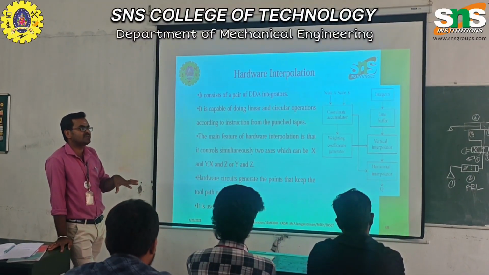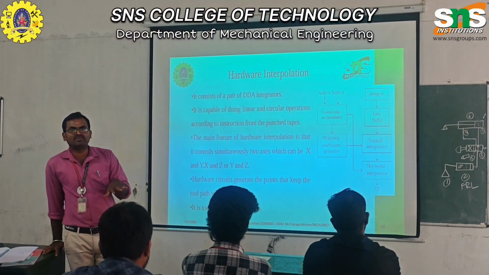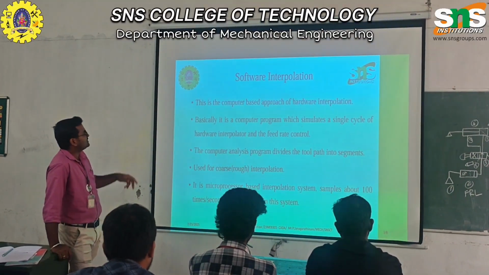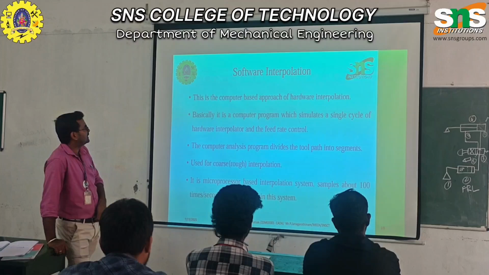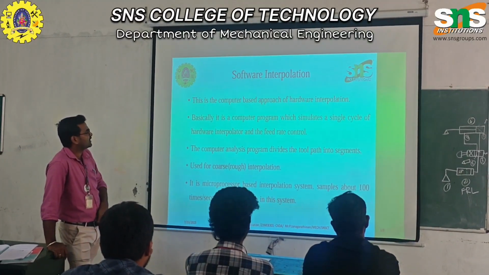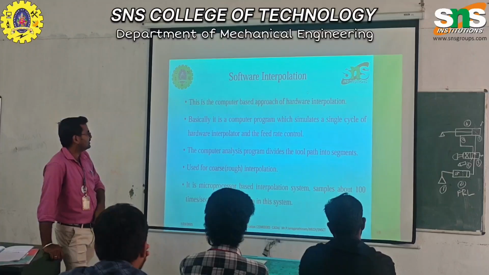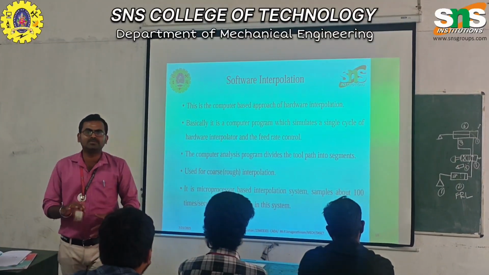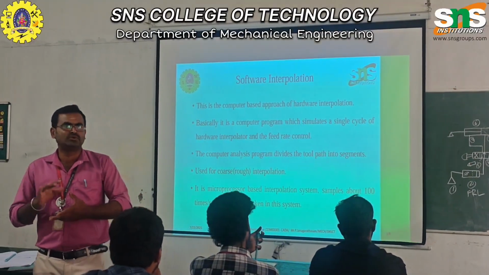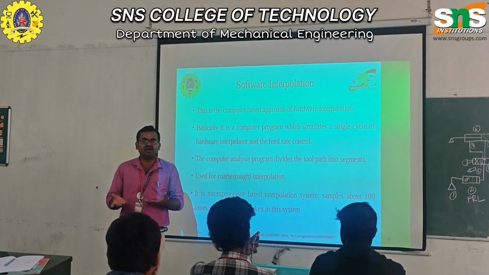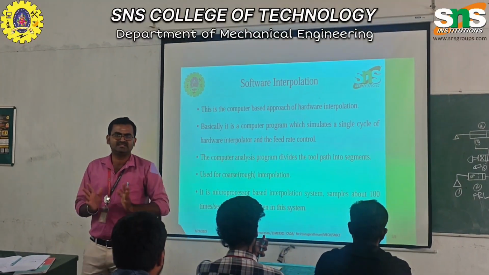Next, we have to discuss software interpolation. Software interpolation is a computer-based approach to hardware interpolation. Basically, it is a computer program which simulates a single cycle of the hardware interpolator and feed-rate control, which means we have to develop the part program by using G code and M code, and we have to use additional software. With all these things we can operate the CNC system.